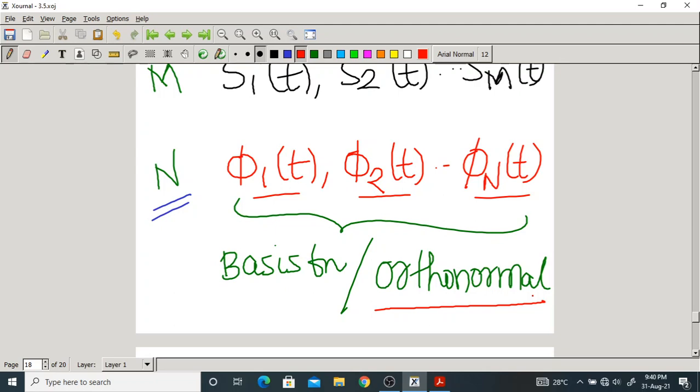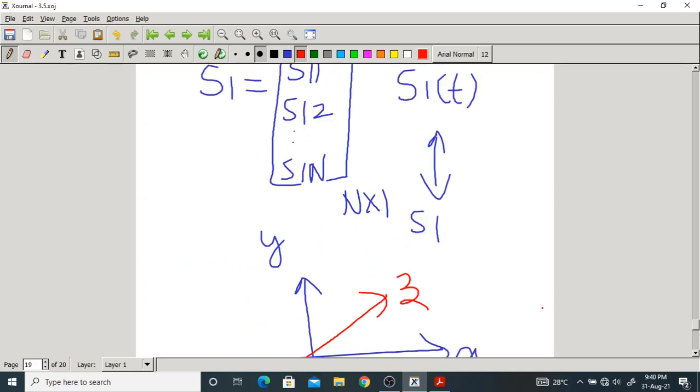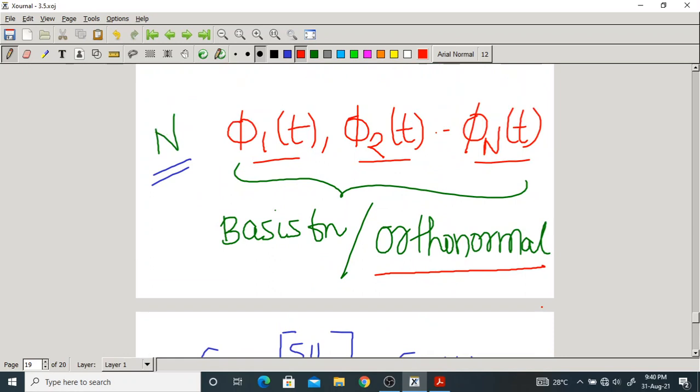Don't you think so? X axis, Y axis, obviously they should be perpendicular, that is, orthogonal to each other. And not only that, they have unit energy. Because of these properties, these basis functions will act as axes. Since we have n basis functions, it should be an n-dimensional geometrical space.